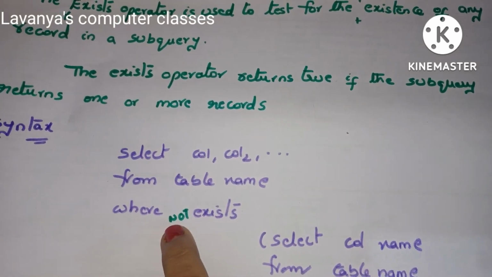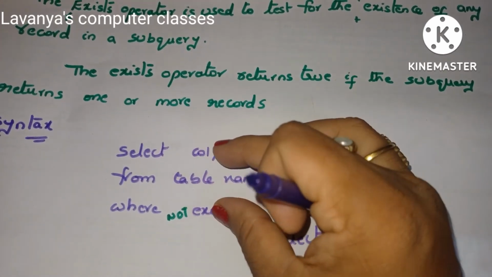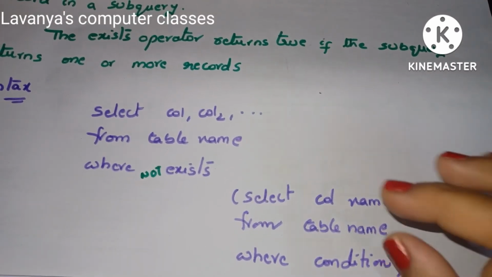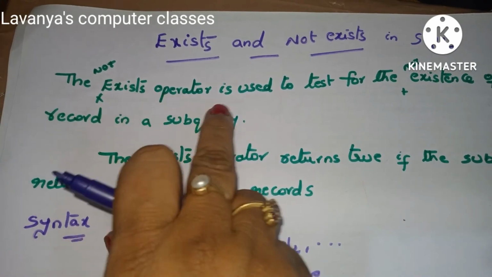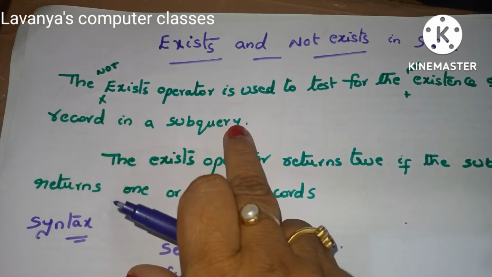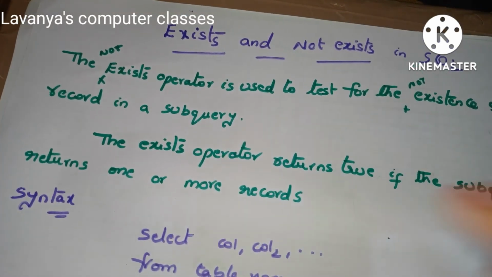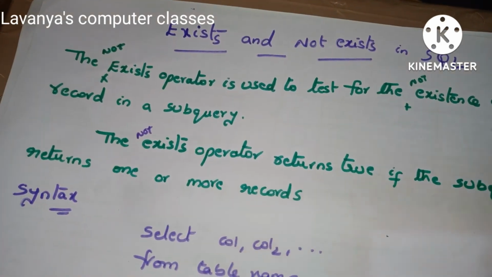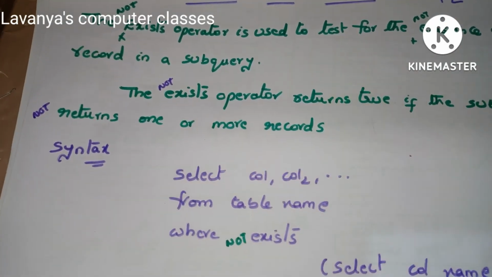The inner query values which are not available are the ones that give the answer. So the not exists operator is used to test for the non-existence of a record in a subquery, that is, records that are not available in the subquery. The not exists operator returns true if the subquery returns no record.